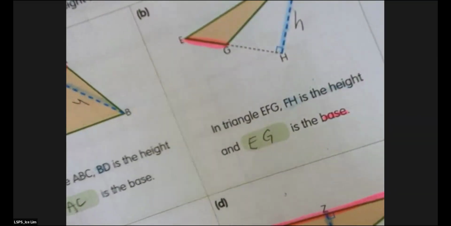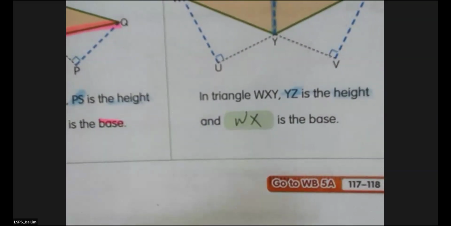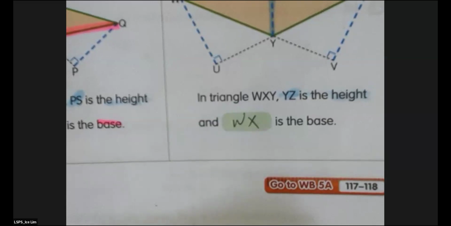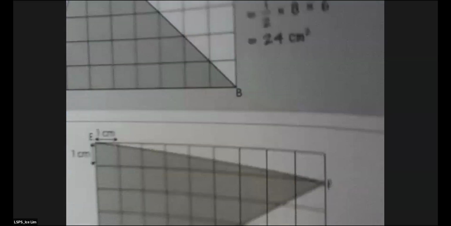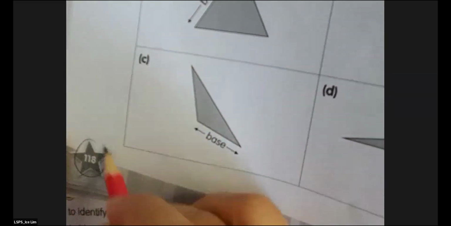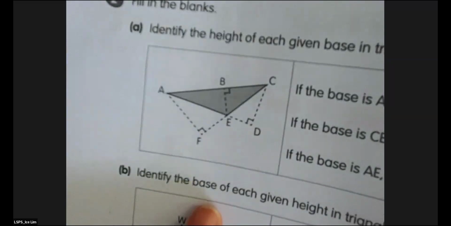Now, for this one it is WX. Now, I'm going to leave you with this homework. Please go home and do page 117, color as I instructed. Page 118, use the color as well to help. This is the corresponding page to this question, exact same question type.